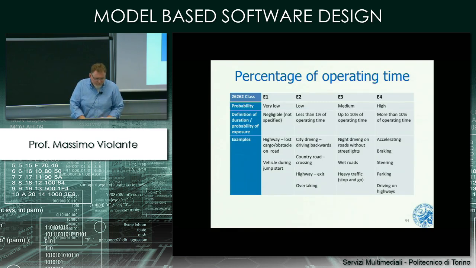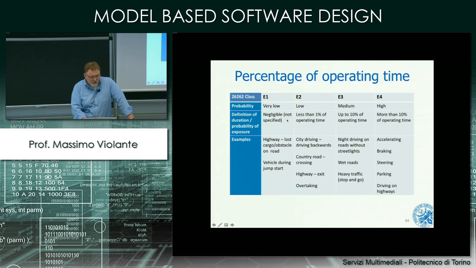And these are examples of exposure based on the operational situation. Example, we are traveling on a highway and there is a lost cargo or obstacle on the road. Or we have a vehicle in front of us during a jump start. This is low probable.